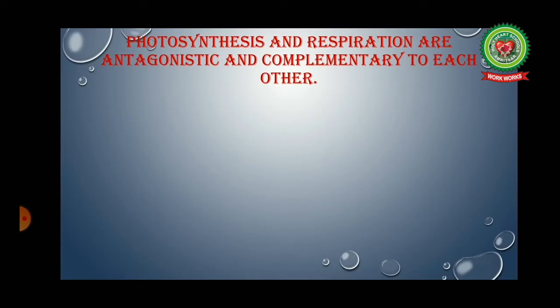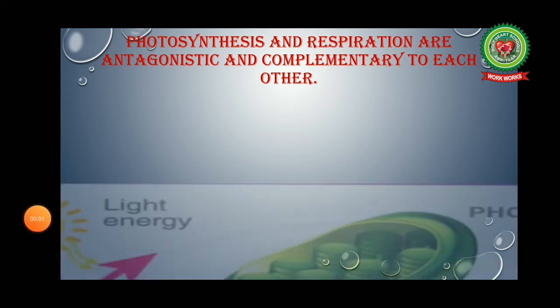Children, photosynthesis and respiration are antagonistic and complementary to each other. The word antagonistic means opposite and complementary means both the processes work together to benefit each other, that is, both the processes support each other.